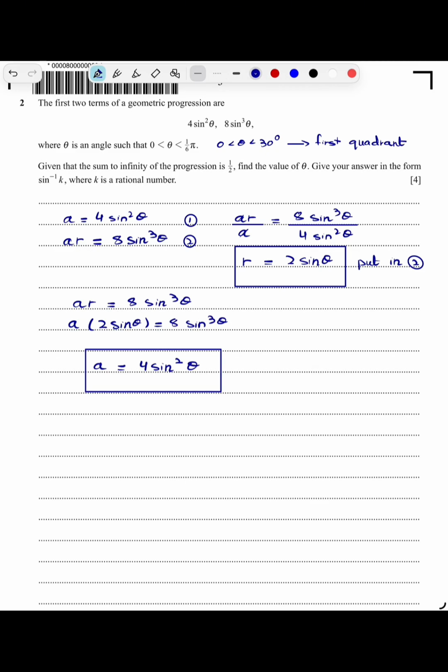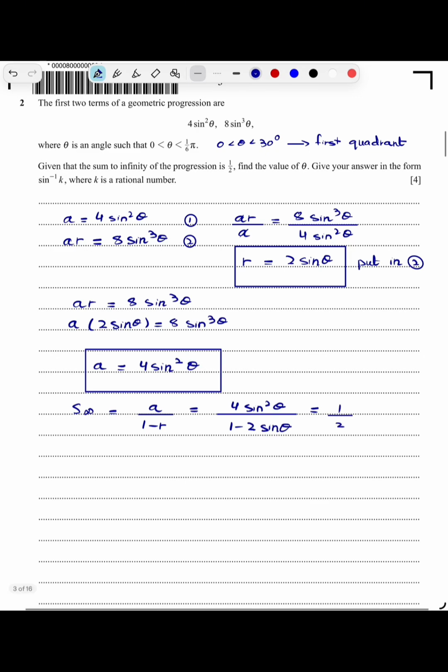Given that the sum to infinity of the progression is half, the formula for the sum to infinity of a geometric progression is a over 1 minus r. So in this case, it's going to be 4 sine square theta over 1 minus 2 sine theta, and they've given us the value as half.